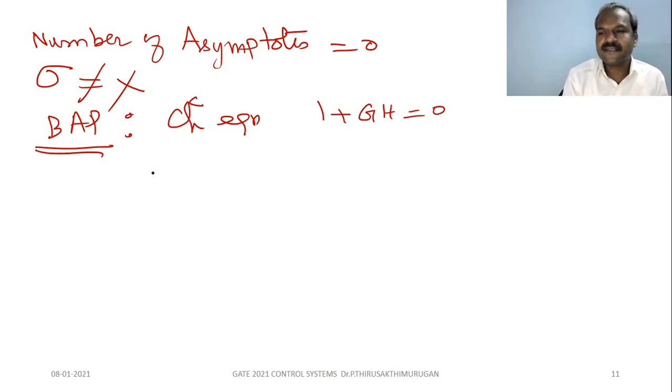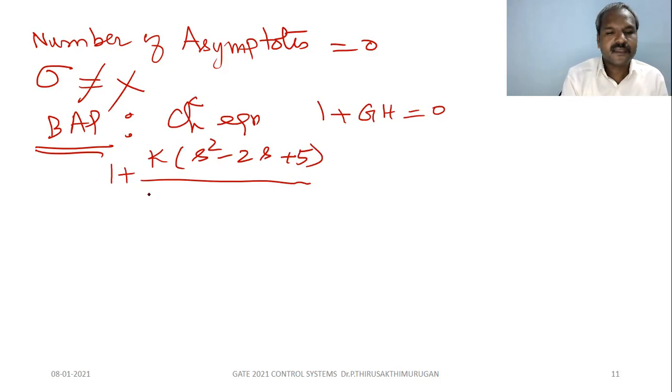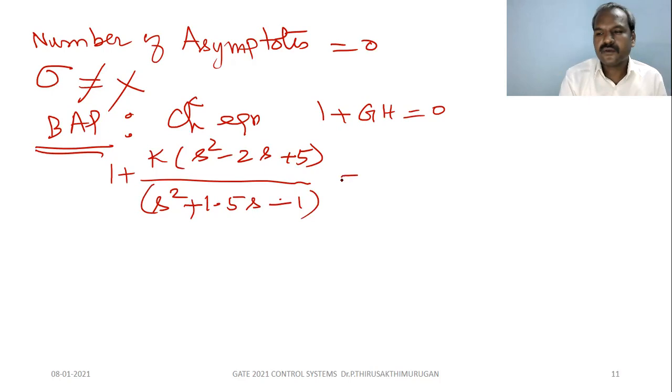So 1 plus GH, we can simply write 1 plus K into (s square minus 2s plus 5) divided by (s square plus 1.5s minus 1) equal to 0.